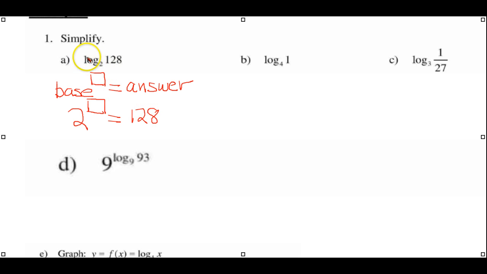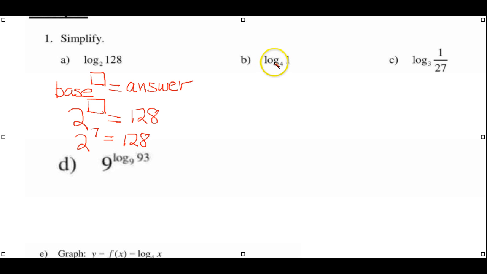So remember, log refers to the exponent of that base that will equal 128. So having this little helper might be very useful. Now, I happen to know that 2 to the 7th power is 128. So the answer to this would be your exponent is 7.